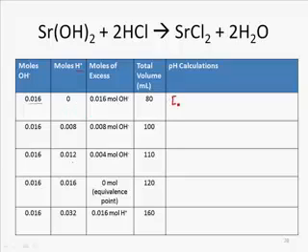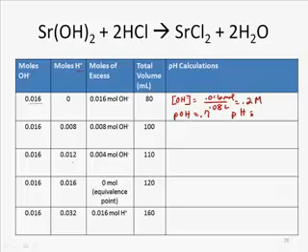All right, so my OH initially is just going to be 0.016 moles over 0.08 liters, so that's going to be 0.2. So that gives me a pOH of 0.7, which means my pH is going to be 13.3.